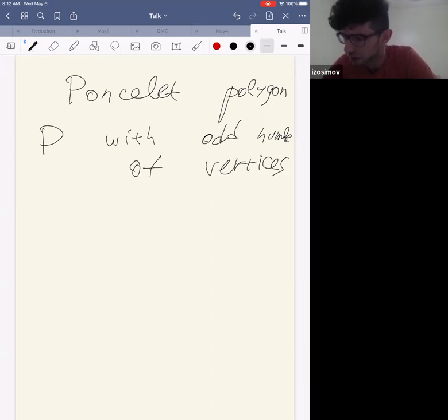Well, of course, this needs to be clarified a little bit, just because for polygons with number of vertices more than 5, there are just too many diagonals to form a new polygon. 1, 2, 3, 4, 5, 6, 7. So here is a heptagon.